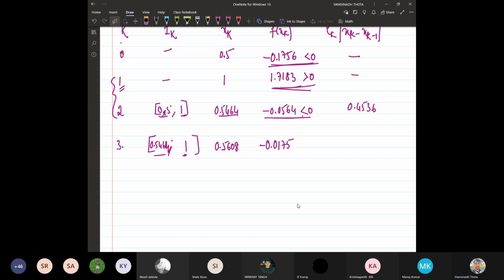This is also less than 0. Yes, you can also find the difference here. The absolute difference between these two points will be, I think, 0.01.